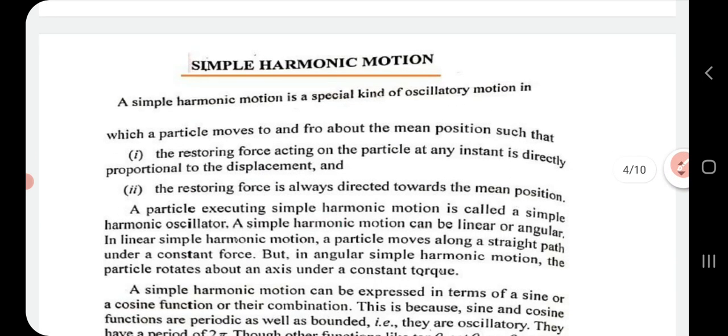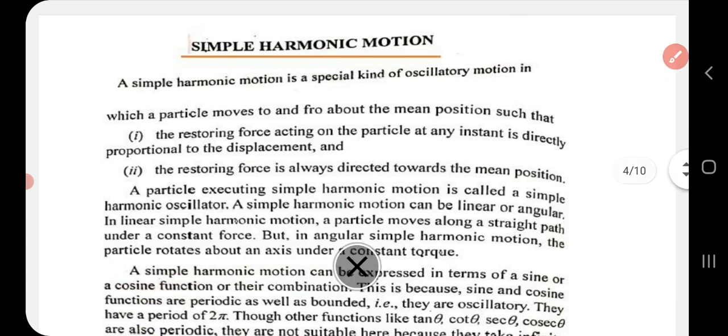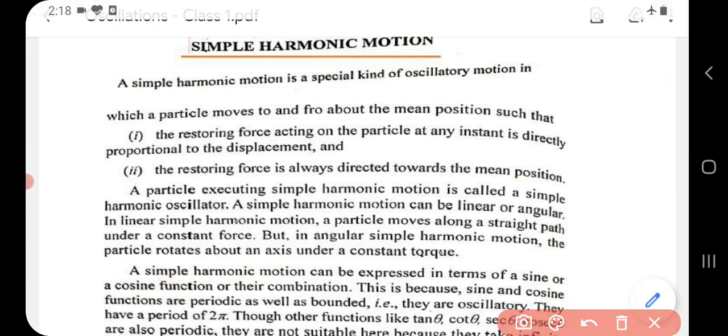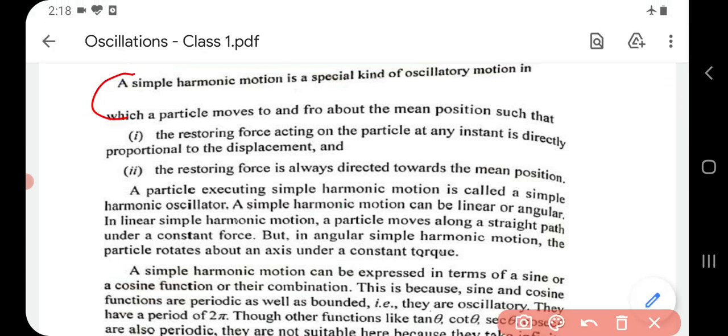Now the other important topic is this one. That is, what is simple harmonic motion? I think you have studied this in your 12th standard. Simple harmonic motion is an oscillatory motion in which a particle moves to and fro about the mean position, that is the equilibrium position. How?